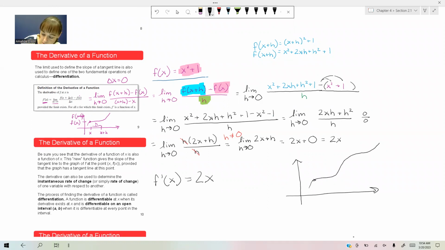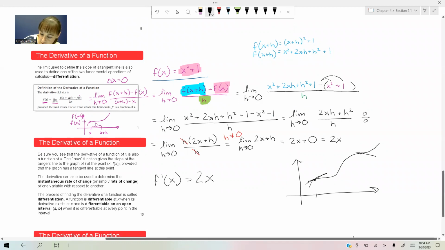So if I have this graph right here, this tangent line is very different than what I would have if I looked at the tangent line at a point here. The slope of each of those lines varies. And so it's a function because it's varying. Unless you're dealing with a straight line, the instantaneous slope, the slope of that tangent line, is going to vary depending on where you are on the graph.